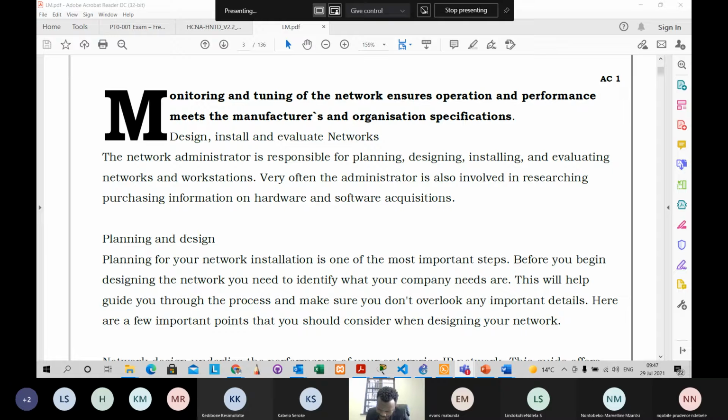And then we design a network that caters for the number of users, or for the requirements that the client has specified. We have so many tools that we can use to design our network. Today, I have a network simulator, which will show you what the network is going to look like before we even start building it.